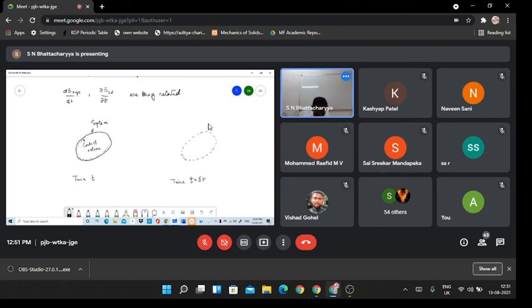In that case, after a certain time, my system would have moved. So this will be my system boundary, and my control volume boundary remains unchanged.